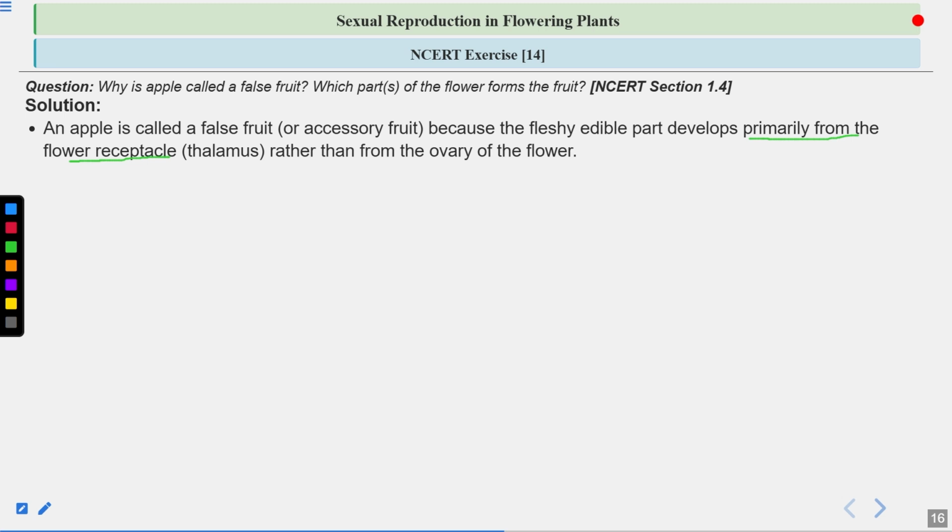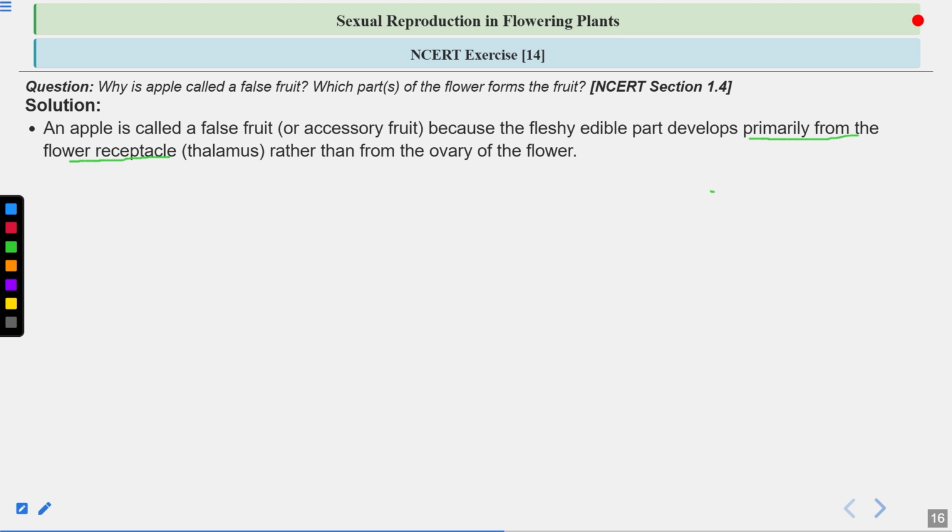So here the function of the ovary is taken by the thalamus, because the ovary is embedded inside it. All the food material gets stored in the thalamus itself, and it becomes the fruit, instead of the ovary.